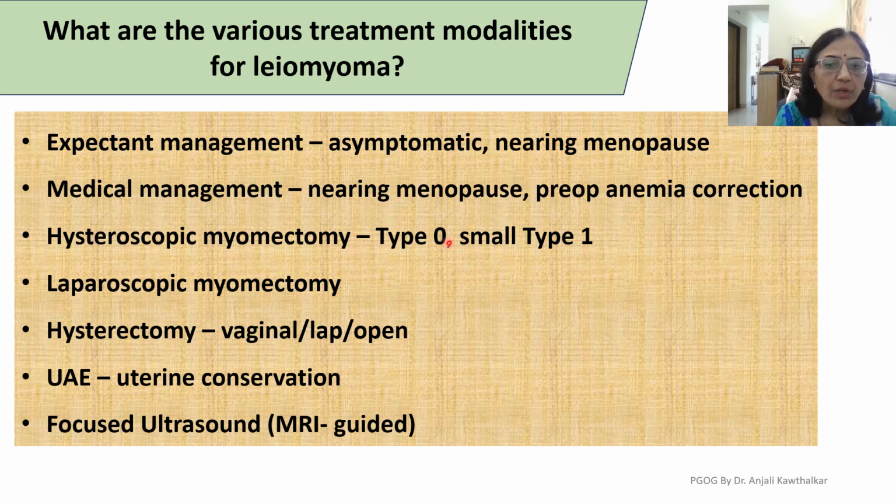Hysteroscopic myomectomy for type 0 and small type 1, laparoscopic myomectomy, hysterectomy, either vaginal, laparoscopic, or open, uterine artery embolization for uterine conservation, especially when the patient is not desiring future fertility but wants to conserve the uterus. Focused ultrasound, MRI guided focused ultrasonography. It is especially for those who want to retain the uterus as well as who desire future fertility.